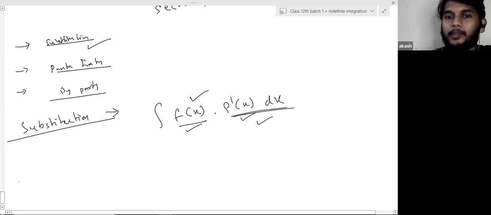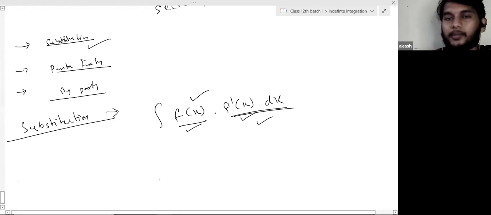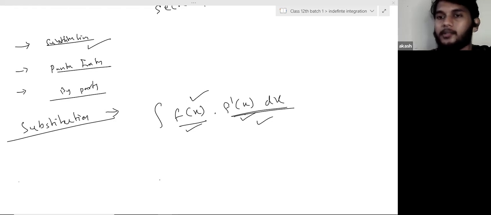This thing is clear to everyone? Yes, sir. Yes, sir. Right? Function and f dash x. If you just got this, then substitution is complete. There is nothing else: function, its differentiation. So you always have to differentiate things. That is why I was saying differentiation is a must.